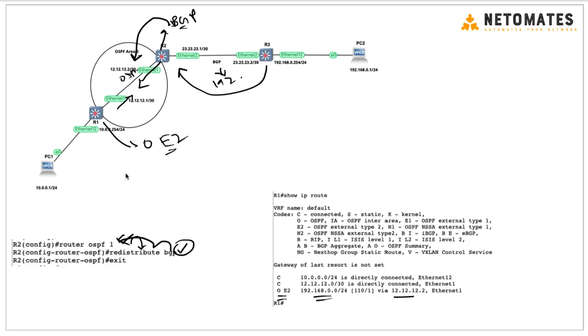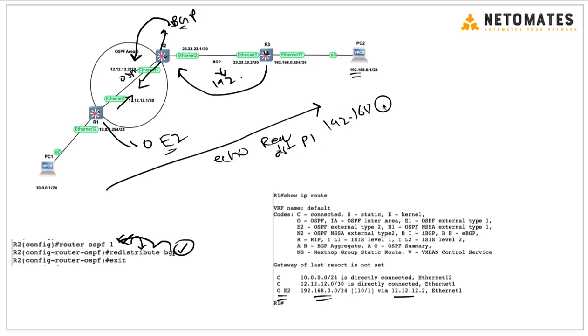Now when we try to send a packet from PC1 to PC2, every router in the middle knows how to reach this. So the echo request will work with the destination IP of 192.168.0.1.